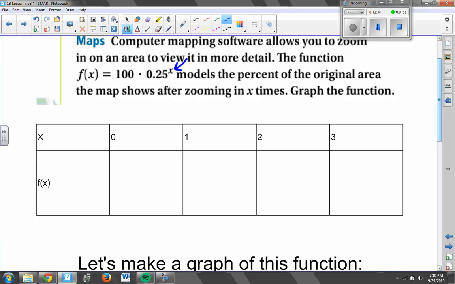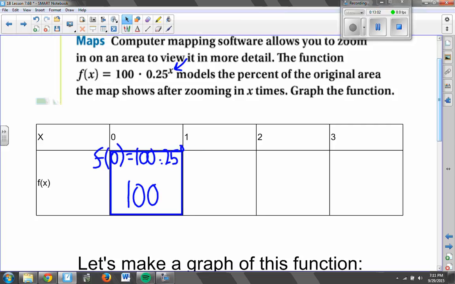When x equals 0, this function, f of 0, that's how we write that, f of 0 equals 100 times 0.25 to the 0 power. And we know that 0.25 to the 0 power equals 1. So this is 100 times 1, which is just 100.